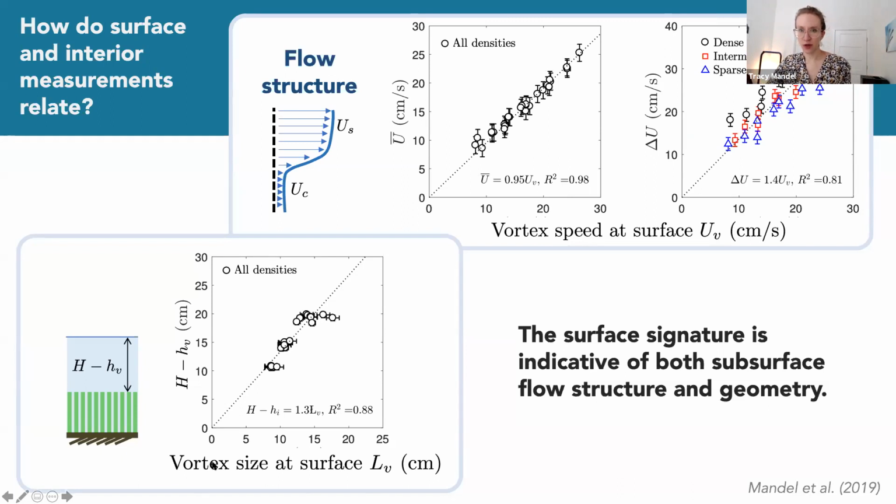And we also saw that we could connect the vortex size that we measured at the surface, this characteristic wavelength of this phenomenon, to the canopy geometry and to the distance between the tips of our model vegetation and the water surface. So there's some available space for a vortex to occupy. And so that space seems to control the size of this vortex phenomenon we see.